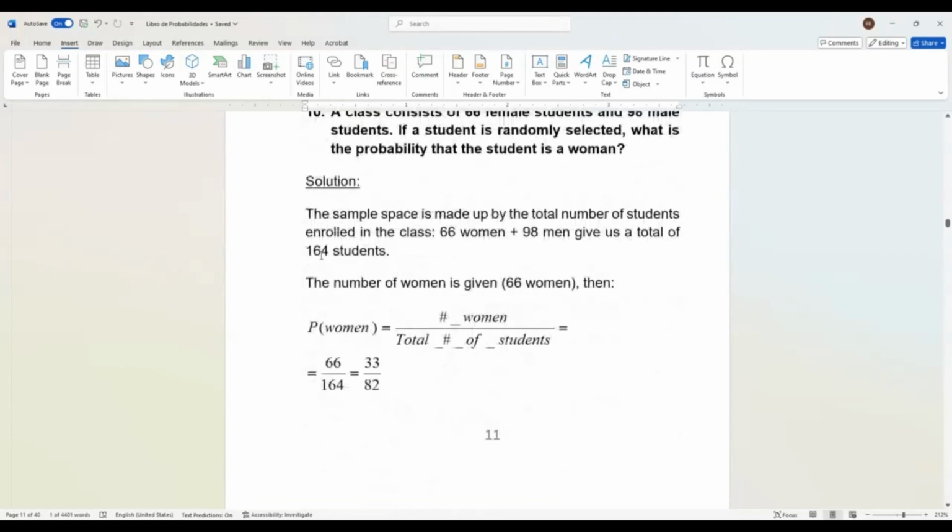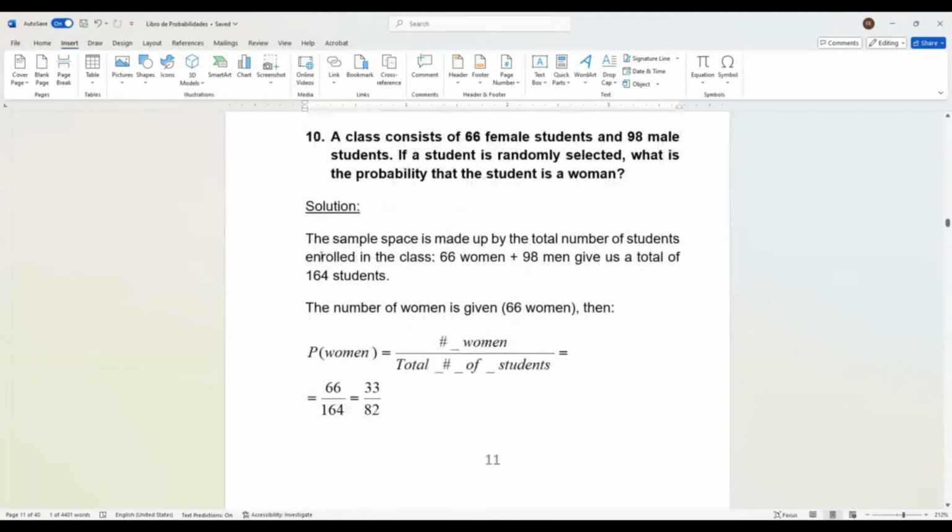Look at this other. A class consists of 66 female students and 98 male students. If a student is randomly selected, what is the probability that the student is a woman? In this case, the sample space is made up by the total number of students enrolled in the class, which are 66 female and 98 men, a total of 164 students.